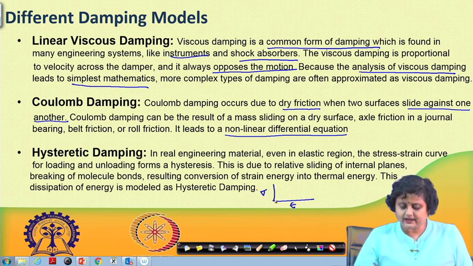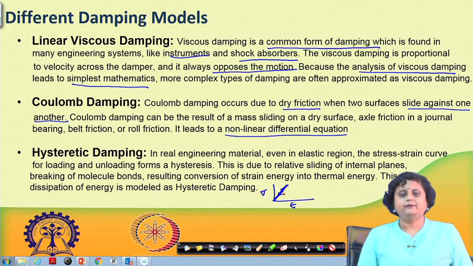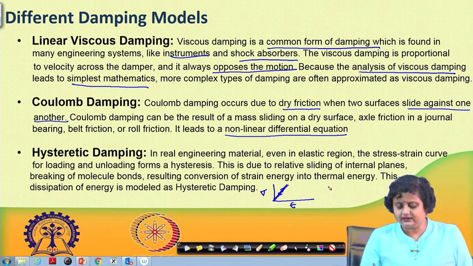So, we assume that within the elastic regime, the path that we follow while we unload is exactly similar to the path that we follow while loading. But in real life, this actually does not happen in many cases.